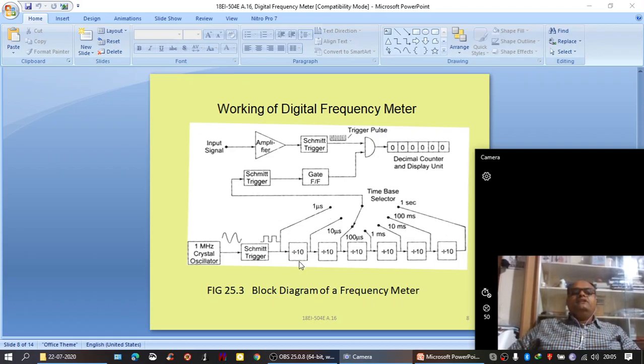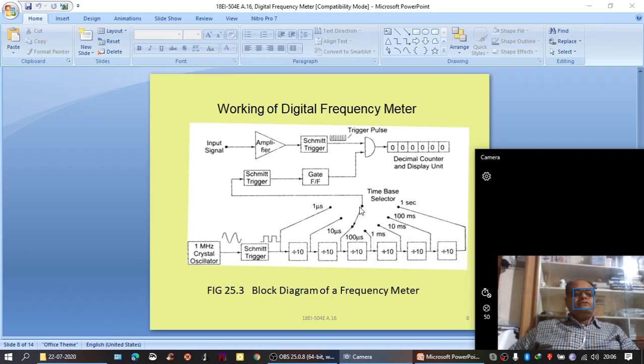When it is divided by a divide by 10 counter, then the gating pulse duration would be increased by 10 times. So 10 microseconds at the output of the first stage, first decade counter. At the output of the second decade counter, it would be 100 microseconds.